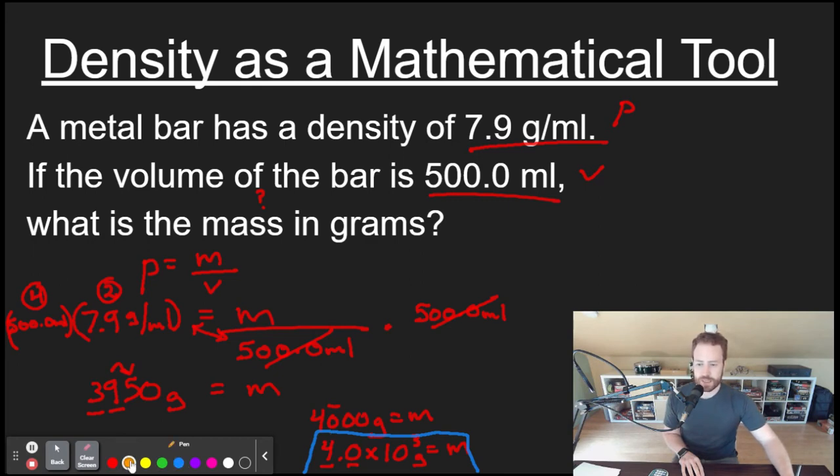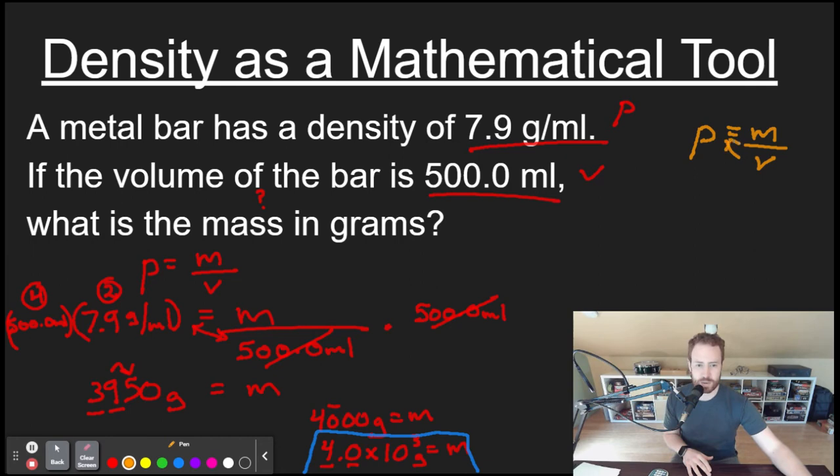I also want to point out that some people like to rearrange before they punch in numbers. So if we have this equation and we know that we're going to solve for m, instead of putting the numbers in and then having to do all the calculations with numbers in there, we could just rearrange it beforehand. We want to get m by itself.